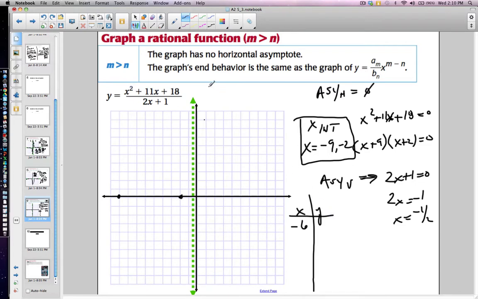So -6 squared is 36, and then times 11 would be -66 plus 18 over negative 12 plus 1. So this is going to be negative 30 plus 18 equals negative 12 over negative 11.